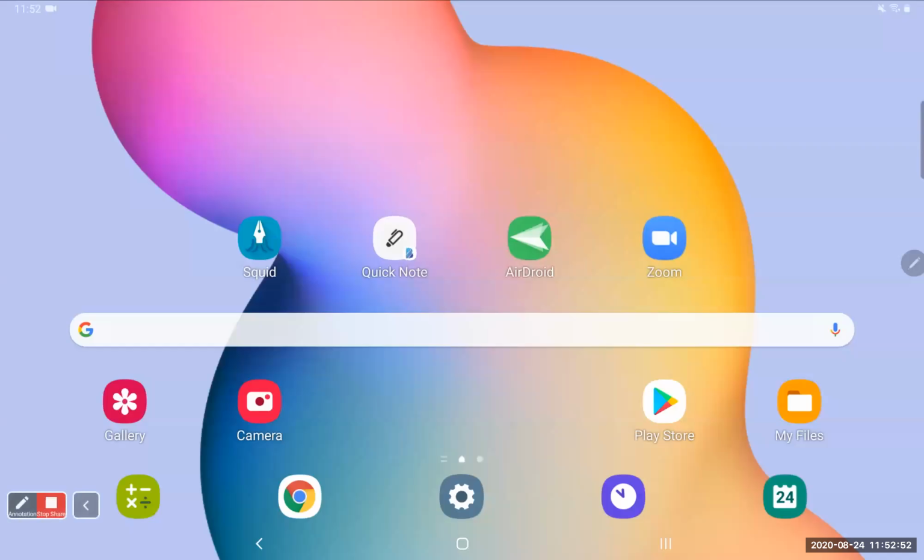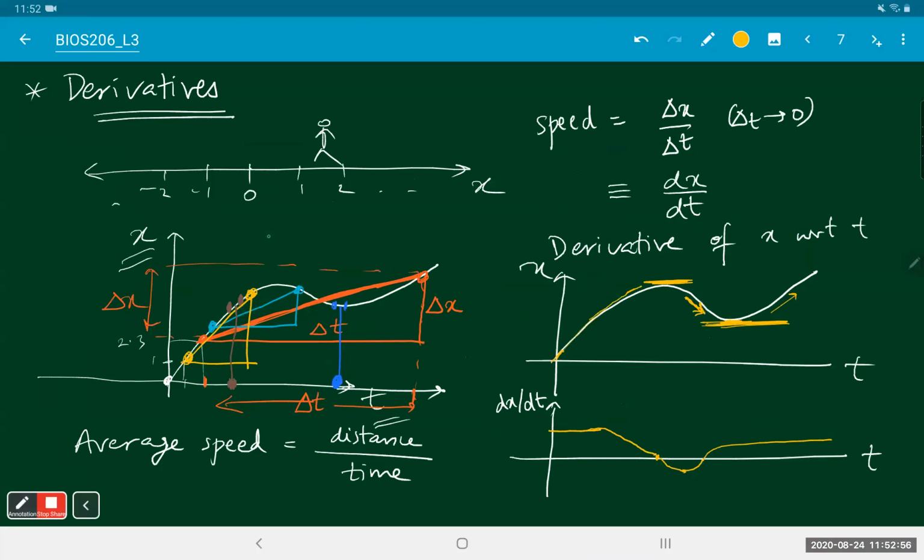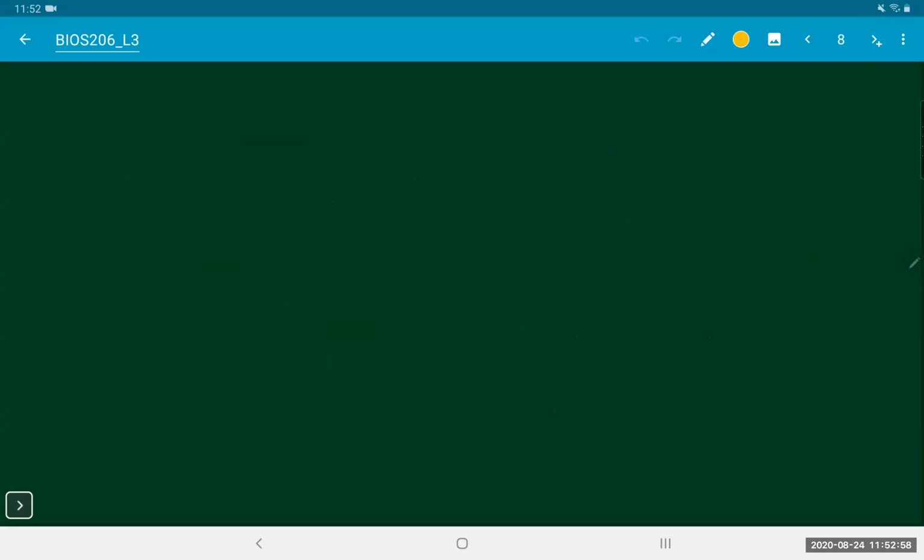Let me quickly list out certain derivatives for you, which you have probably seen before. So the function and its derivative with respect to x.